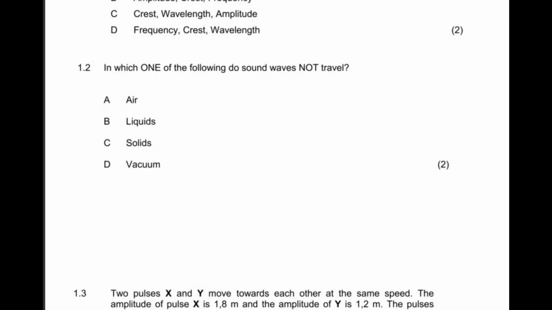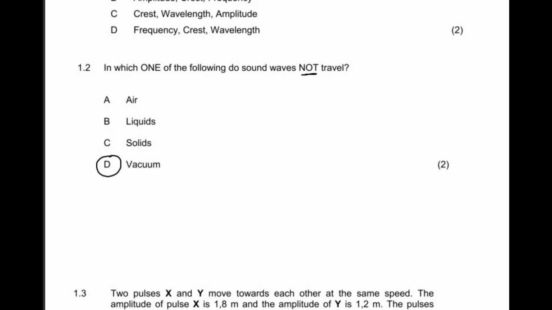In which one of the following do sound waves not travel? One thing about sound is that it cannot travel in vacuum. Only electromagnetic radiation can travel in vacuum. Sound can travel in air, in a liquid, and in a solid.